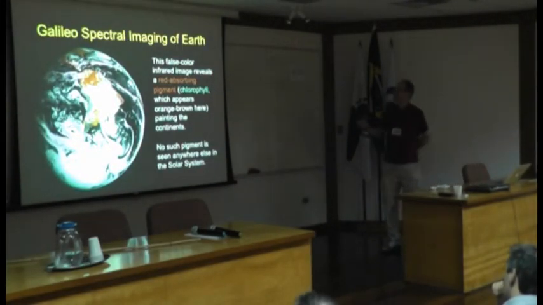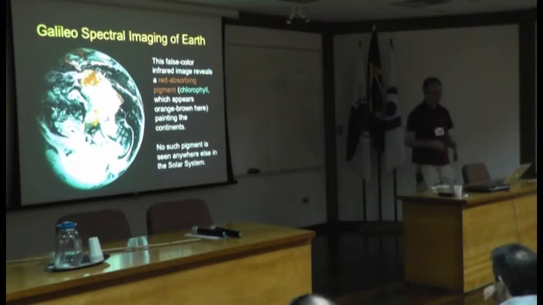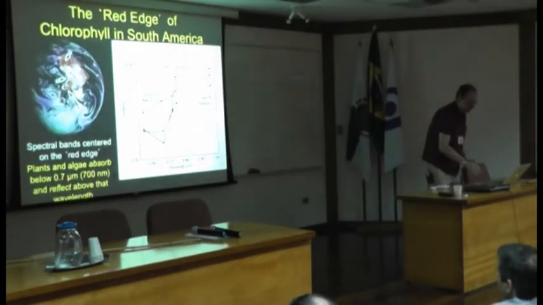Something else that came from the Galileo spectral imaging of the Earth. This is a false color image of South America. But the image in false color reveals a red-absorbing pigment, chlorophyll, which is not seen elsewhere in the solar system.